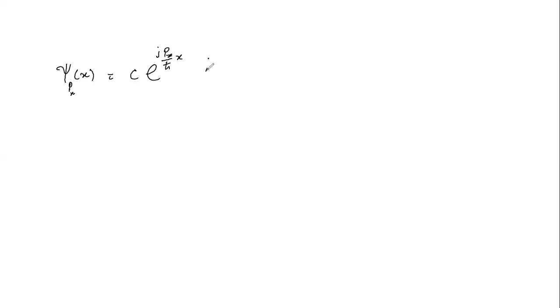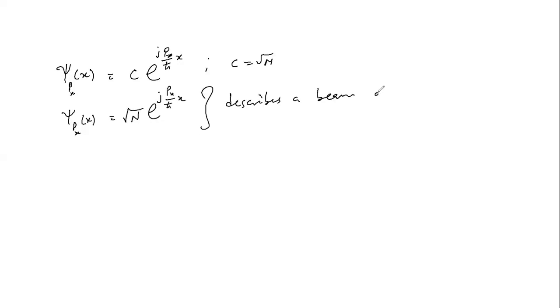And we already know that c is the same as the square root of n, which is the magnitude of the amplitude. So we now have the solution that this is the same as the square root of n exponential j p sub x over h cross s. Now, this state function describes a beam of n particles per unit length.